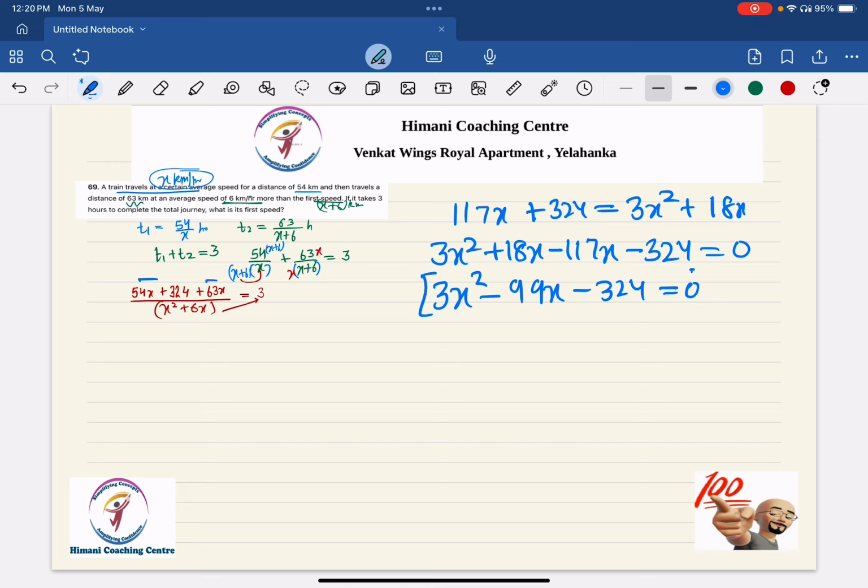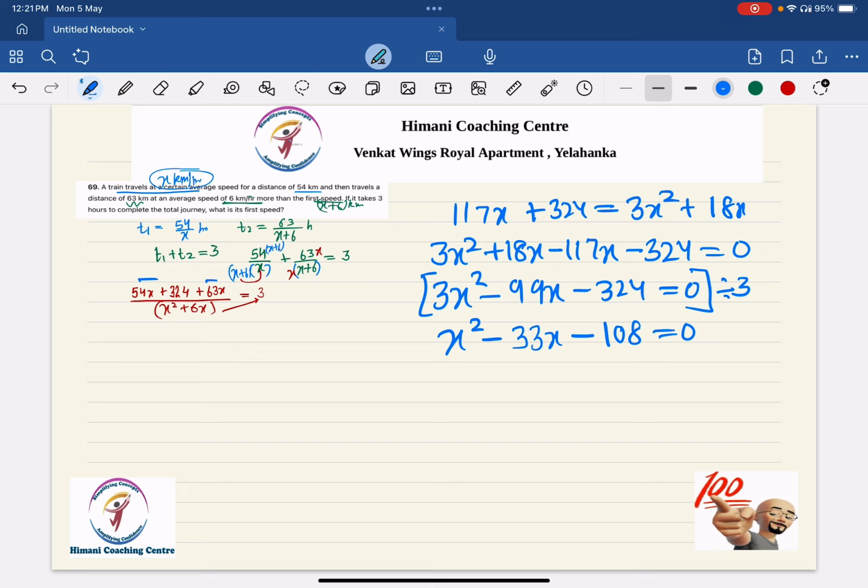Now, if you notice, all the numbers are divisible by 3. So let's do that. So we get x square minus 33x minus 108 equals 0. Now, with this, we can again use the quadratic formula to solve the question.